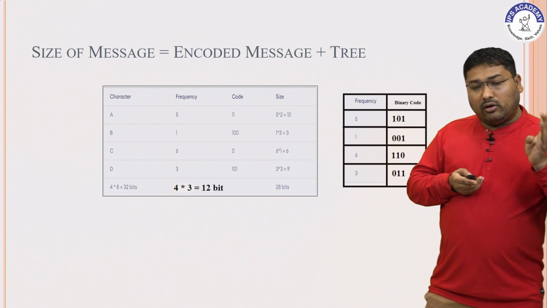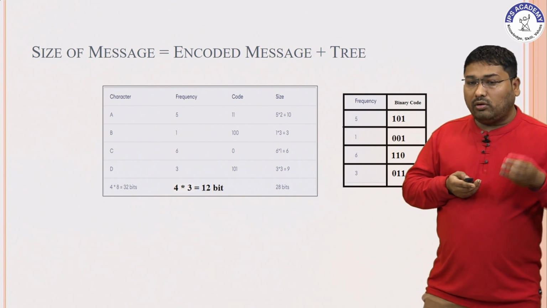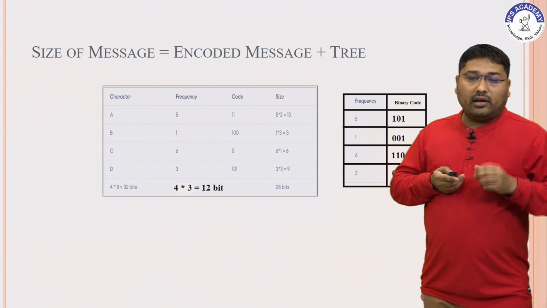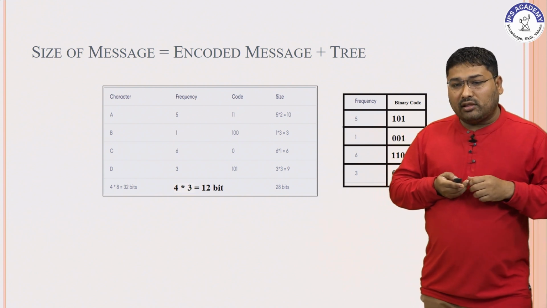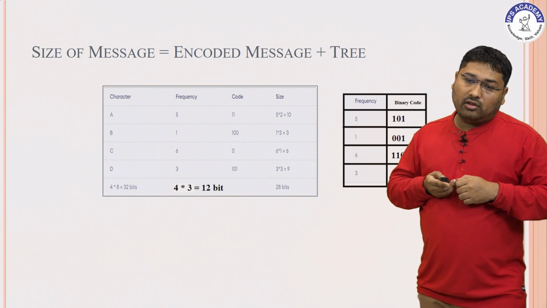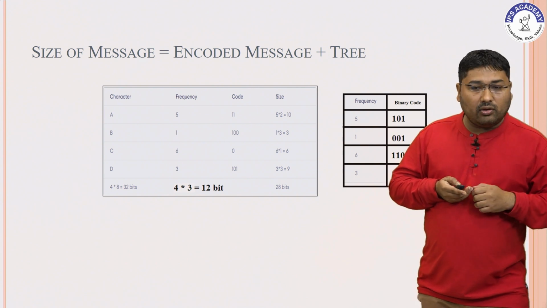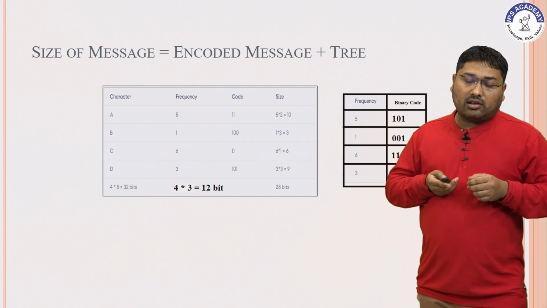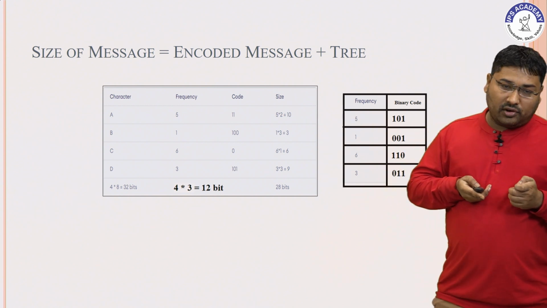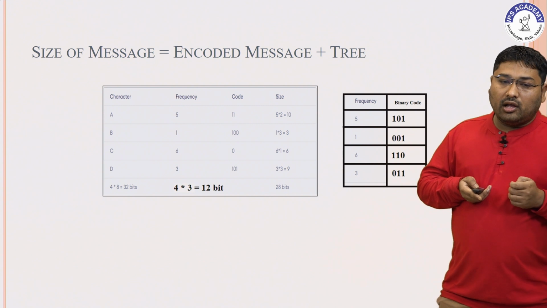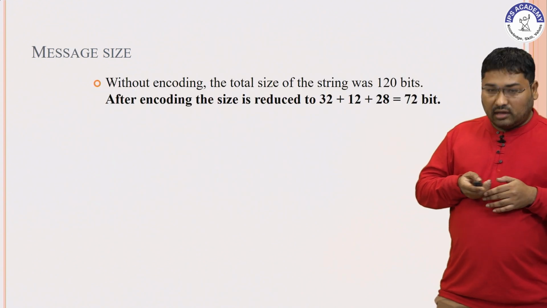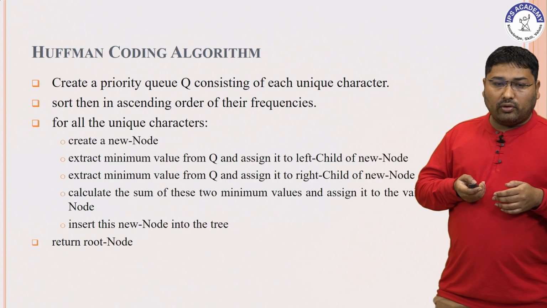If we transfer this tree over the network, how much memory is occupied by the tree? Frequency 5 is binary code 101, 1 occupies 001, 6 occupies 110, and 3 occupies 011. So the total for frequencies transferred according to the tree is 4 into 3 equal to 12 bits. The message size transferred over the network is 32 bits for ASCII encoding.